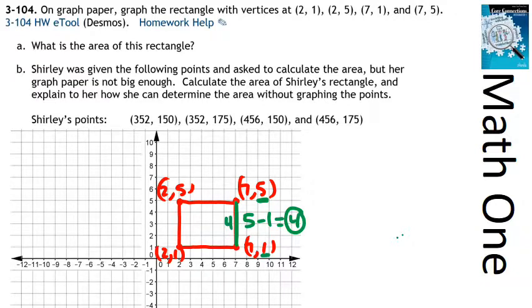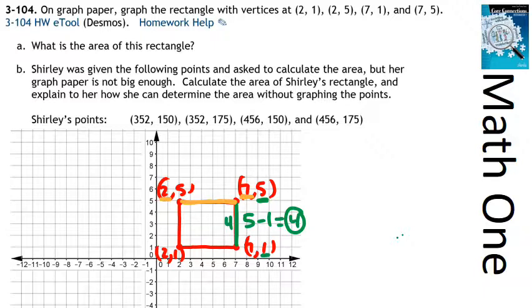Now, obviously I could count that right now. It's pretty straightforward. I could see that it's 4. But I hope the reason why I'm pointing this out becomes clear in our next problem. The other thing I want to point out is this dimension, the change in my x values. Here x starts at positive 2 and ends up at 7.